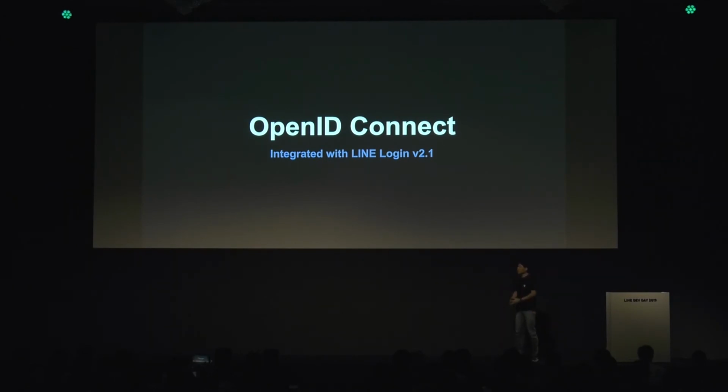Furthermore, with LIFF version 2, together with the LINE URL, there are two features that can be used with LIFF. One is the OpenID Connect protocol, and therefore the ID token can be obtained. So far, with the LINE Login specifications, it was needed to apply and do the settings for getting the ID on the management console.